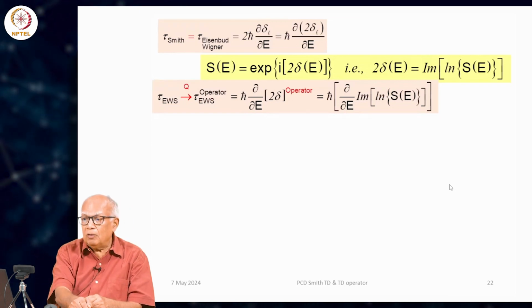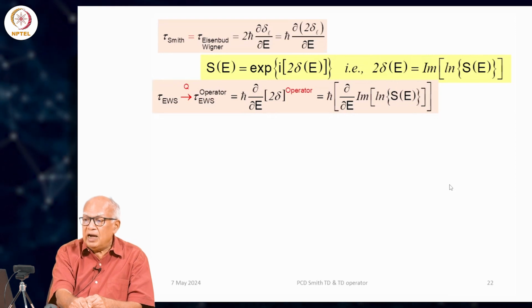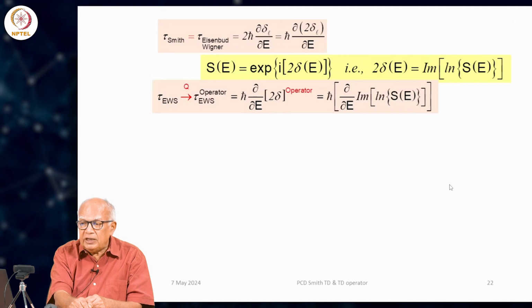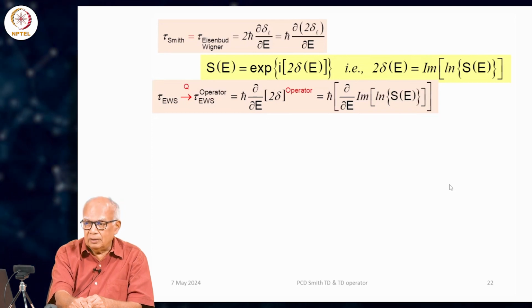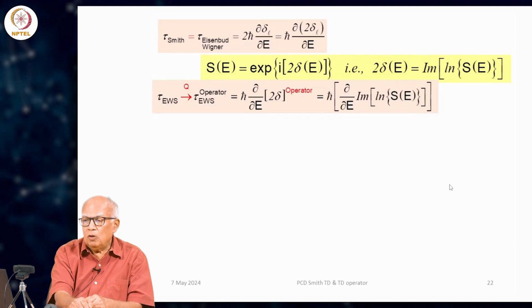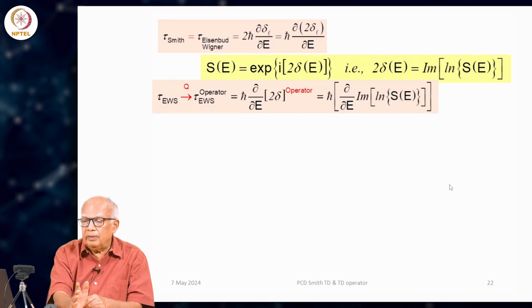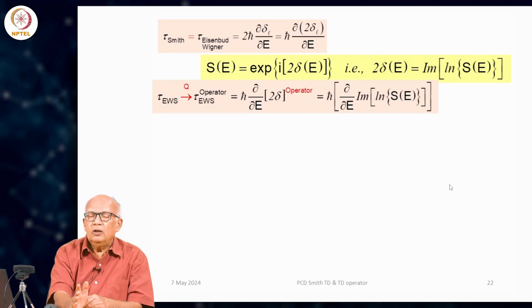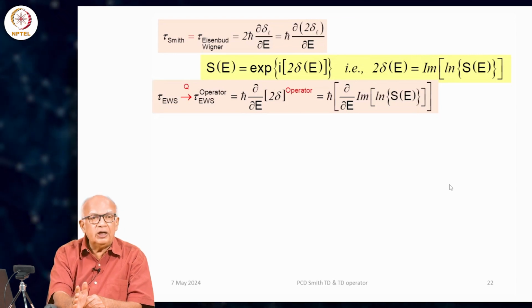So, now we are quantizing time delay, which means that we have to write the operator for time delay. So, look at this third row on this slide. You are going from the Eisenberg-Wigner time delay to its quantum nature.